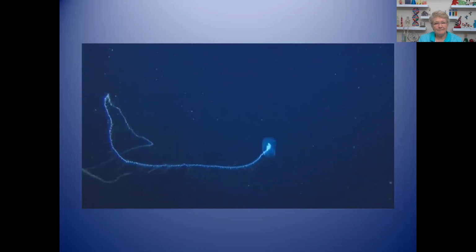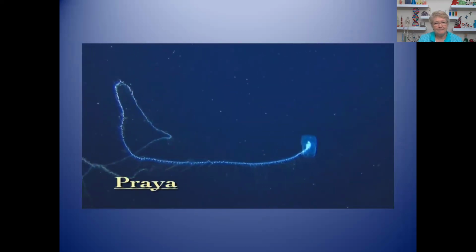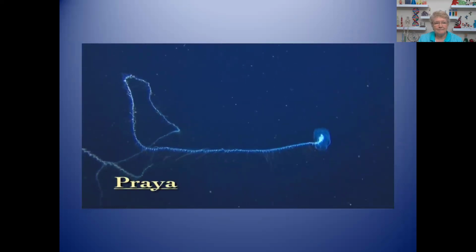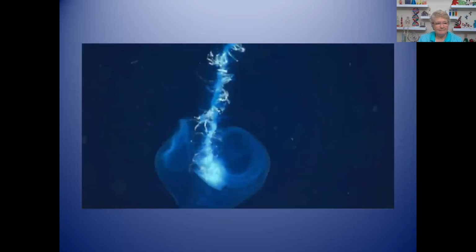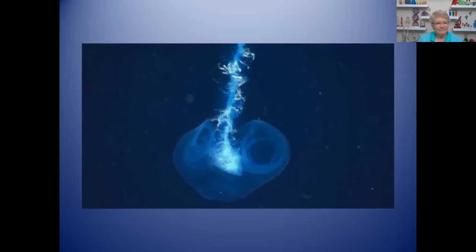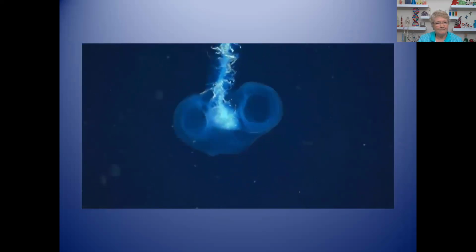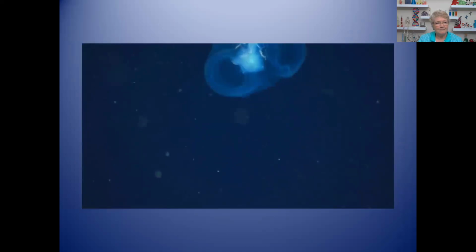This astounding creature known as Praia is a combination of the 2 basic cnidarian shapes: the pulsing, bell-shaped medusa and the stalk-like polyp with trailing tentacles.